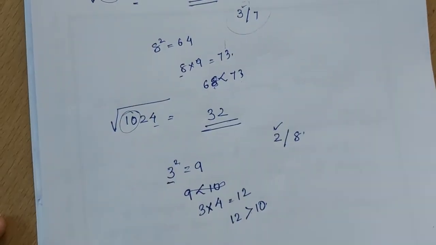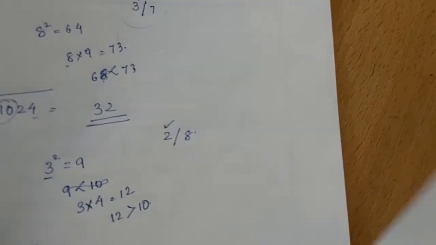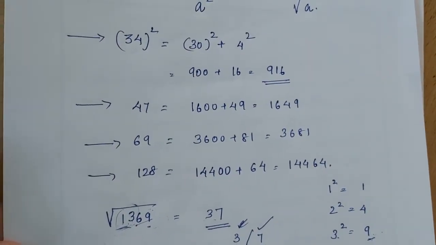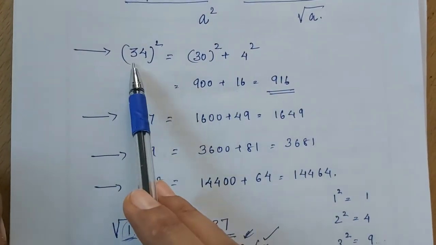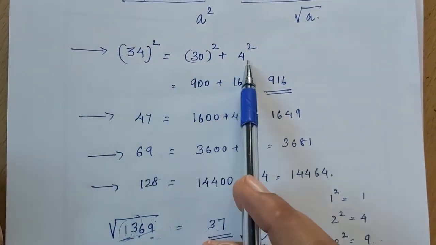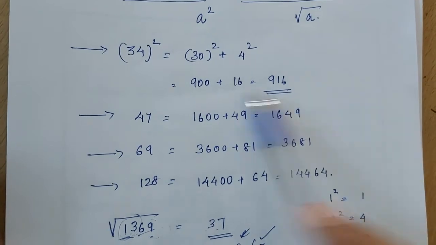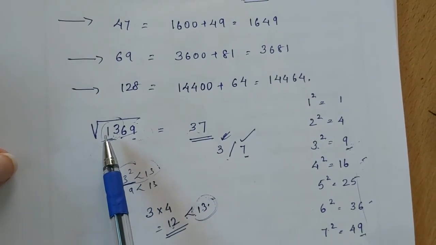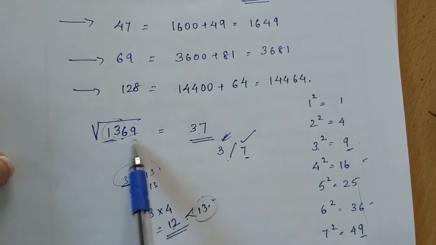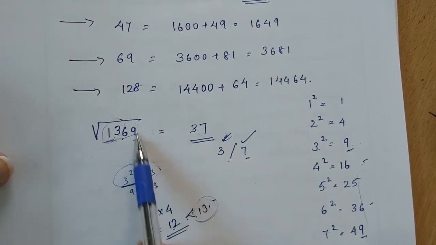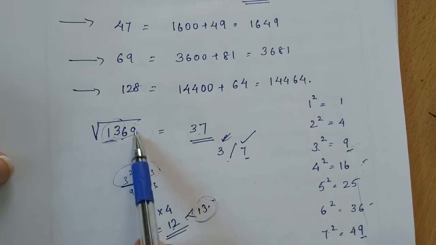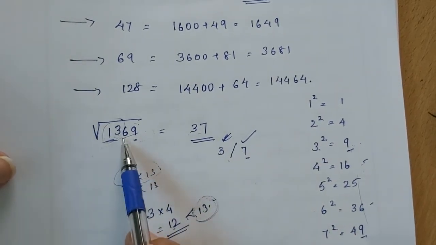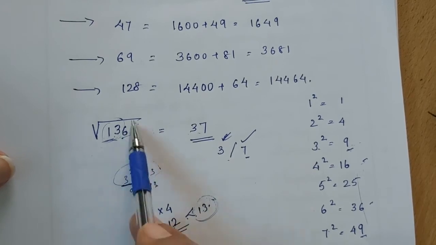So today we discussed how to find square and square roots in simple steps. First, we divide a number into two components, take the squares and easily add them. To take the square root of a number, we take the last digit and check which numbers have squares ending in that digit. We take those numbers and eliminate the last two digits.